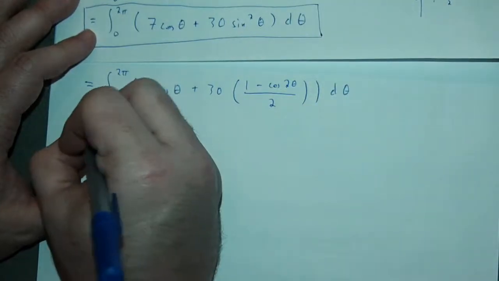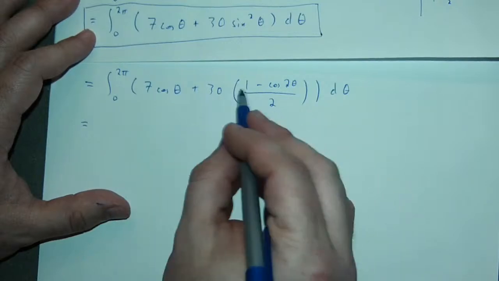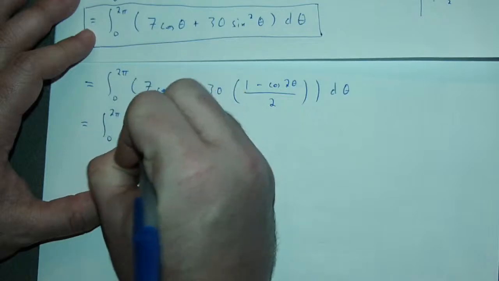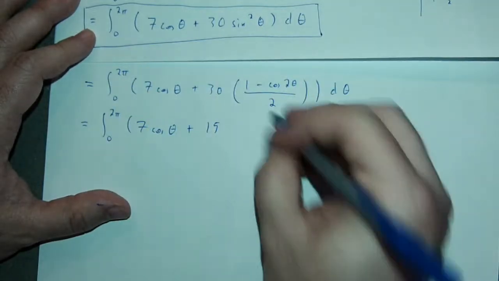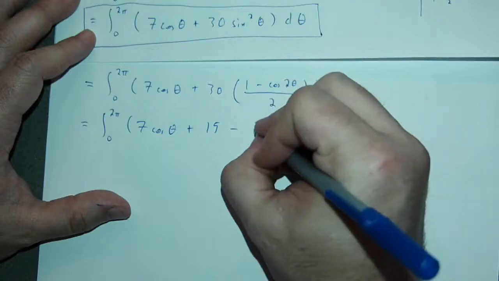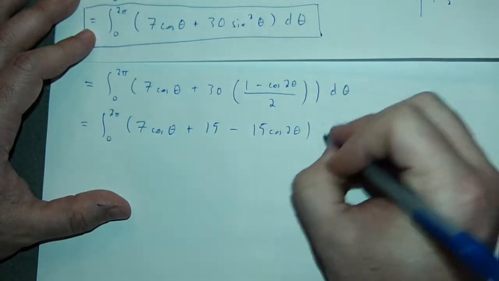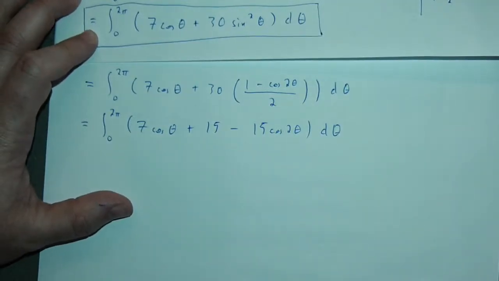All right, and so now multiplying this by 1/2 and then distributing, I would have the integral from 0 to 2 pi of 7 cosine theta plus 15 minus 15 times cosine of 2 theta d theta. And now I have something that I can easily integrate.